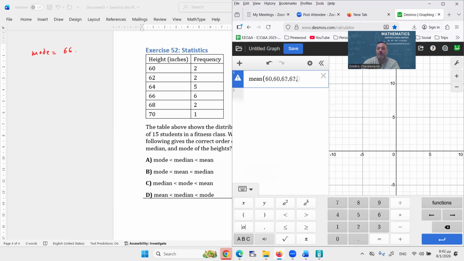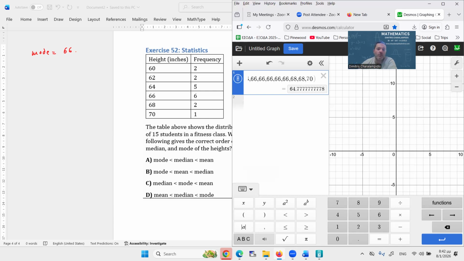We need 5 64s, so 1, 2, 3, 4, and 5. 6 66s, 1, 2, 3, 4, 5, and 6. 2 68s, 1 and 2, and 1 70.